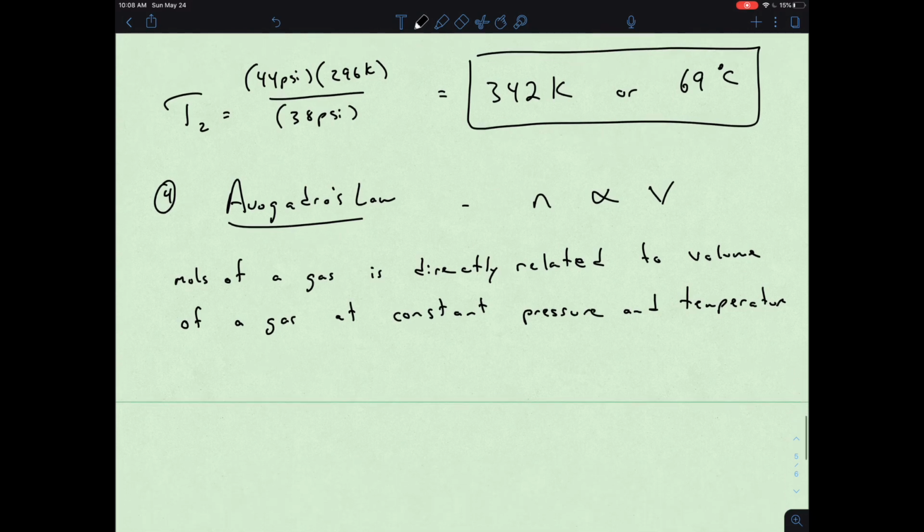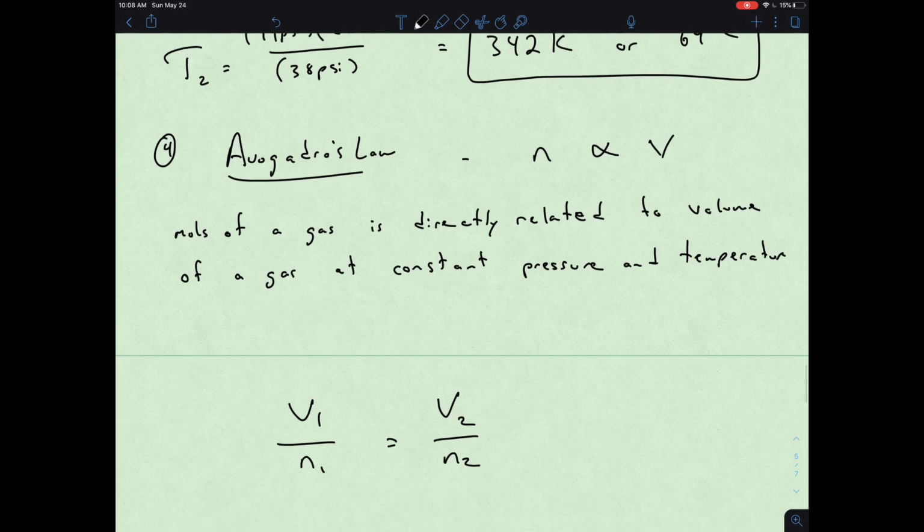So we're looking at this expression of V1 over N1 equals V2 over N2, in that direct relationship.